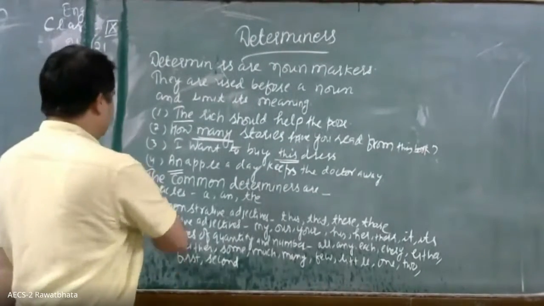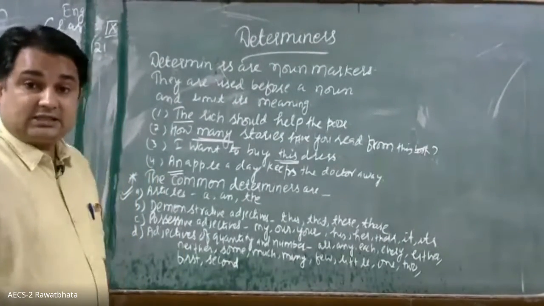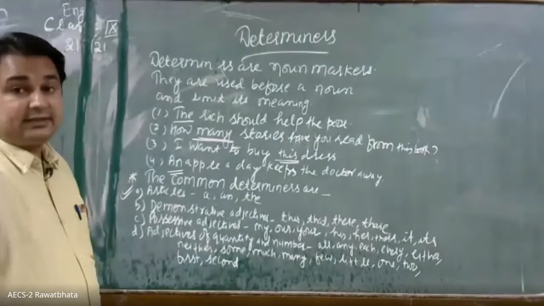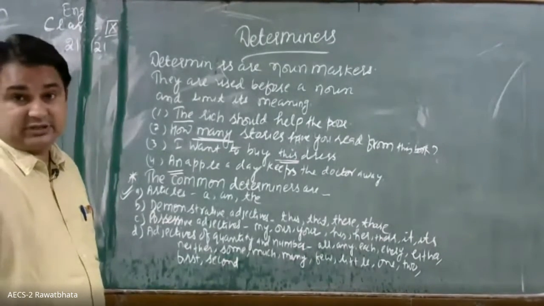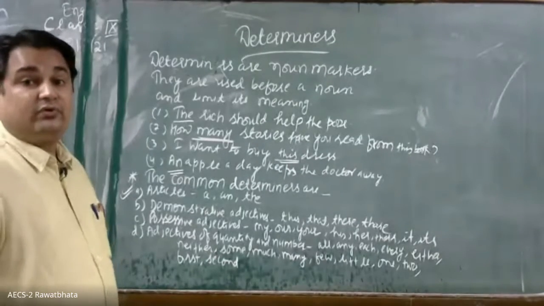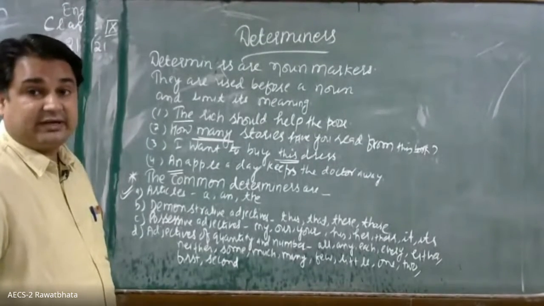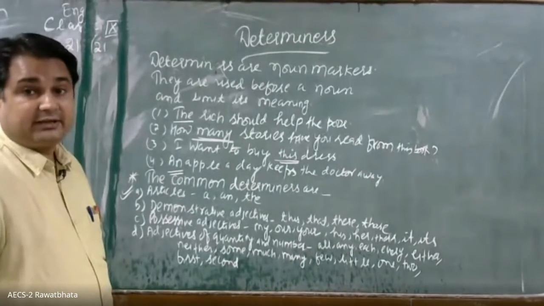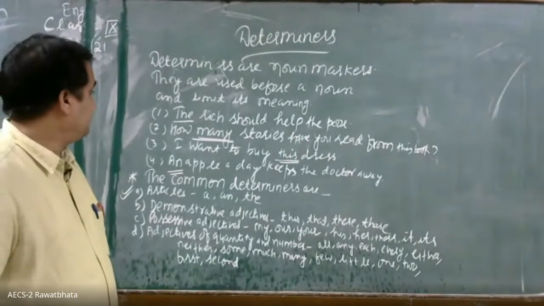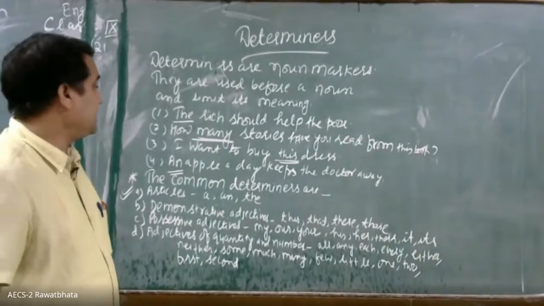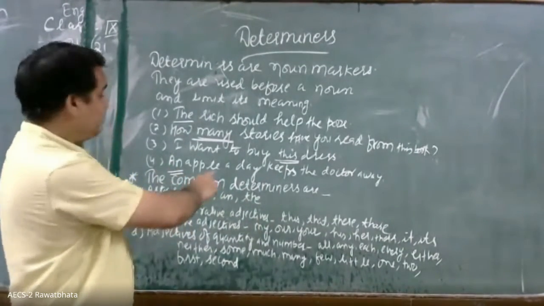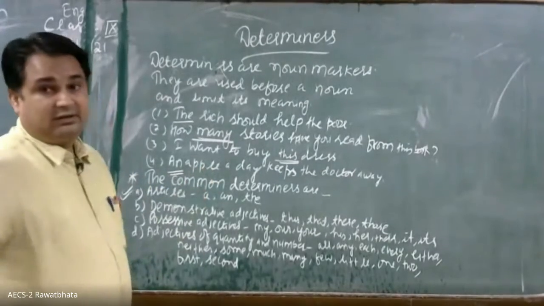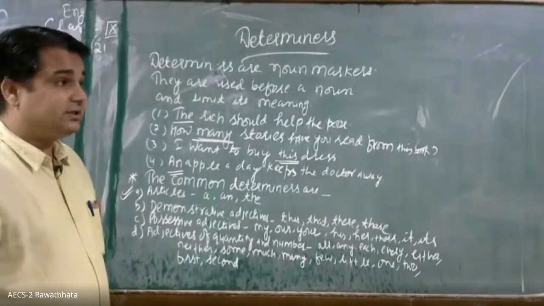First of all, articles: a and the. They are determiners. They are used before a noun to specify its meaning. As we have used, an apple a day keeps the doctor away. An is coming before apple, to limit its meaning.